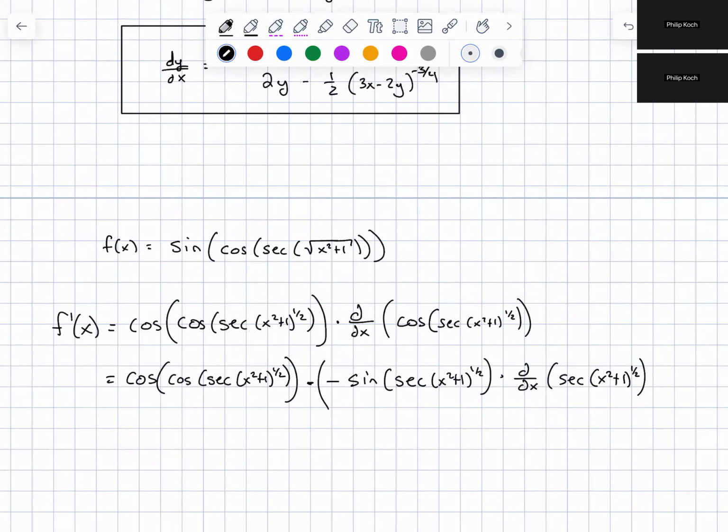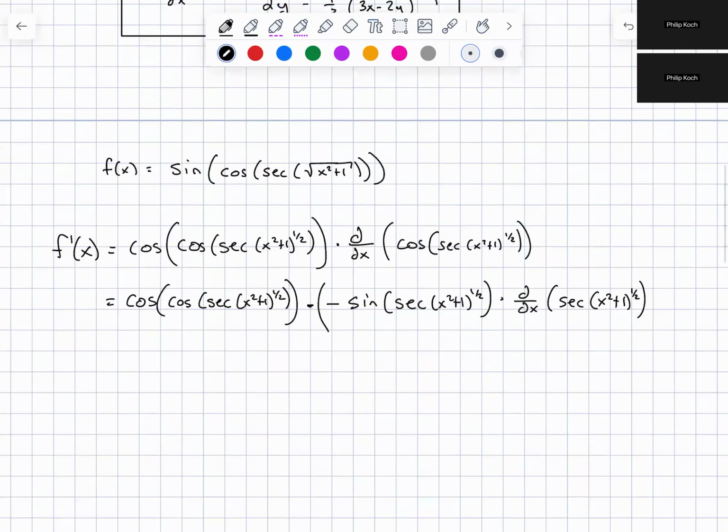Whew. Okay, we're almost there, because there's just two last chain rules. So then, I'm going to start over here: cosine of secant of x squared plus 1 to the 1/2.